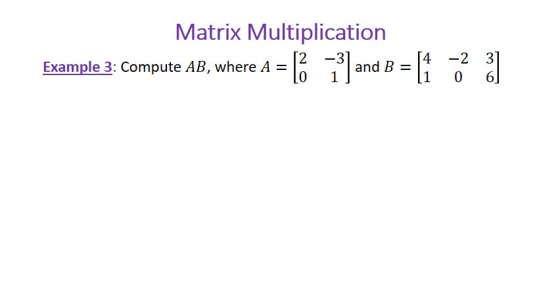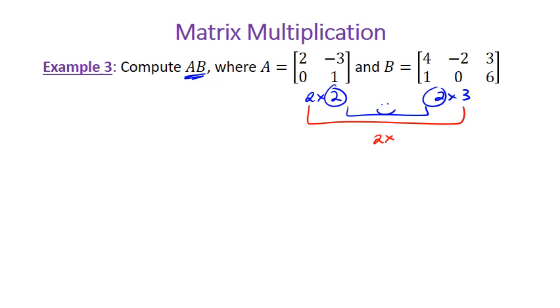This is the method that is primarily taught in most of your early algebra classes. So here's what I want to remind you. If matrix A is a 2 by 2 matrix and matrix B is a 2 by 3 matrix, since these are the same, we can multiply them, and the resulting matrix is going to be a 2 by 3 matrix.